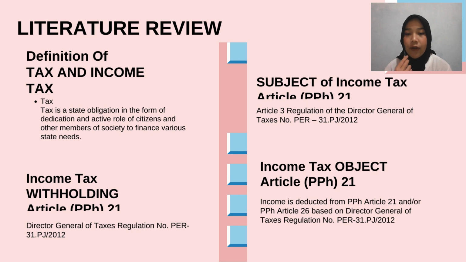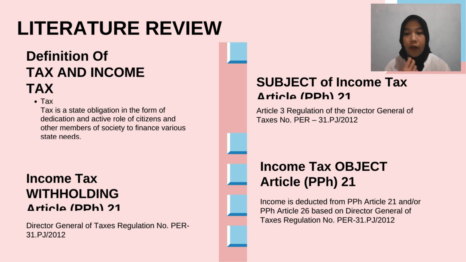Article 3, Director General of Taxes Regulation number PER 31/PJ/2012 states that income received with withholding from income tax Article 21 is by employees, recipients of severance pay, pensions or pension benefits, old age benefits or old age security, including their beneficiaries, non-employees who receive or obtain income in connection with the provision of services, including experts who carry out independent work consisting of lawyers, accountants, architects, musical performers, presenters, and service providers in all fields, members of the Board of Commissioners or Supervisory Board who do not also serve as permanent employees of the same company, former employees, and the last one is activity participants who receive or earn income in connection with their participation in activity.